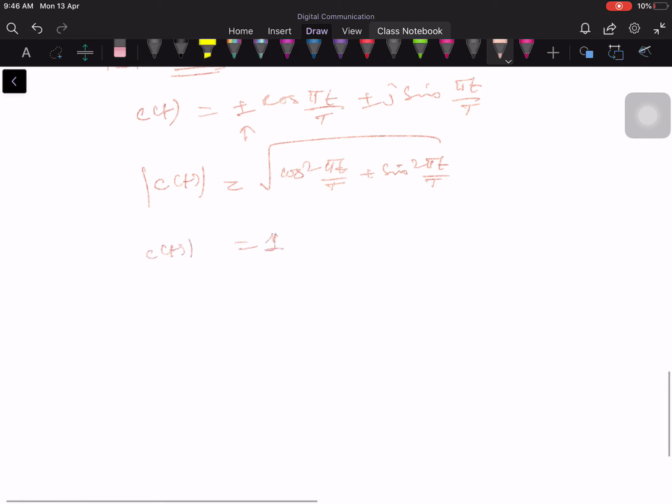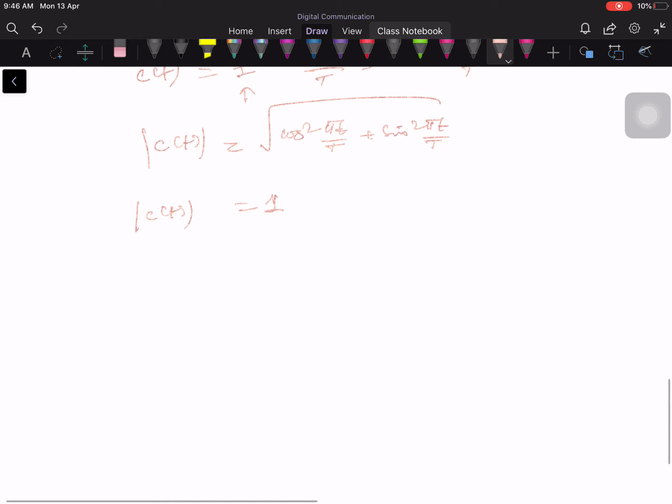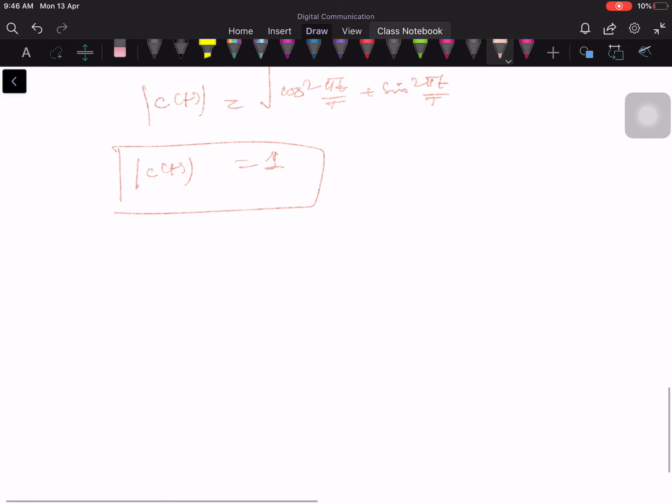Therefore the magnitude is always equal to 1. So that shows that there is no amplitude fluctuation. This result shows that there is no amplitude fluctuation in an MSK waveform.